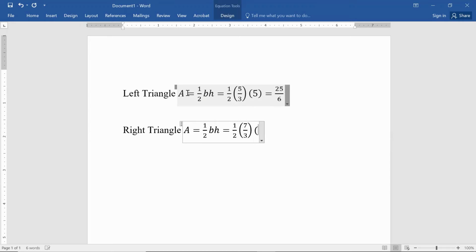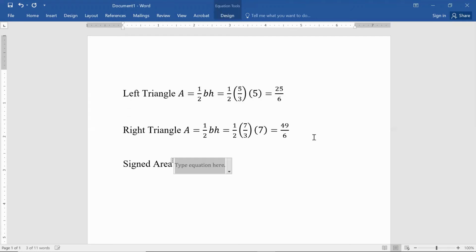And the height of that triangle, we said, was 7. That means this triangle has an area of 49/6. Again, that's as an improper fraction. So the signed area, which remember, we can write as the integration. Let's make sure we have bounds on this.